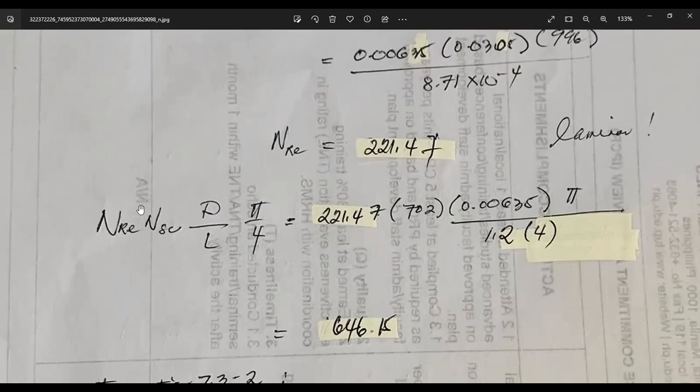I think it's an empirical figure, so it can only be used for laminar flow. For parabolic flow, a different formula is used.